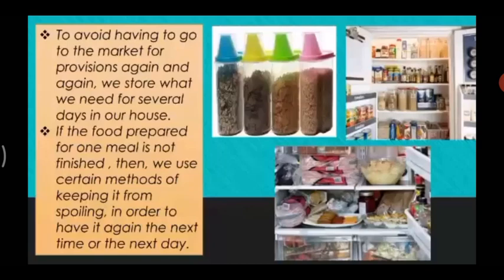All these things are stored at home. Yes, you can go and check it in the kitchen. You will get an idea that she stores these things so that whenever it is required, it can be used, isn't it? Right?